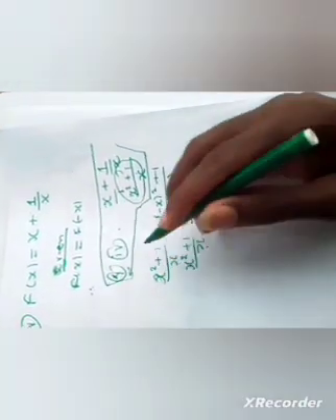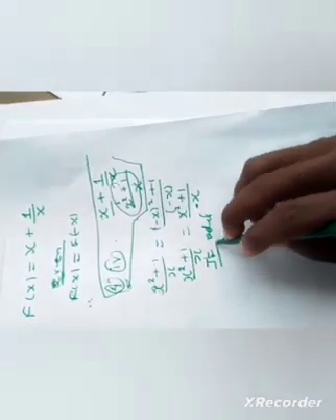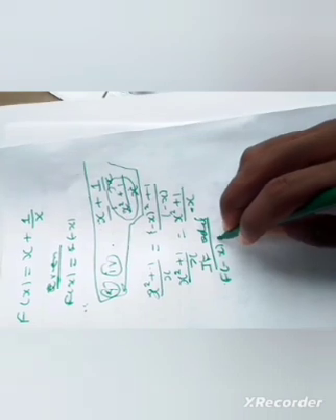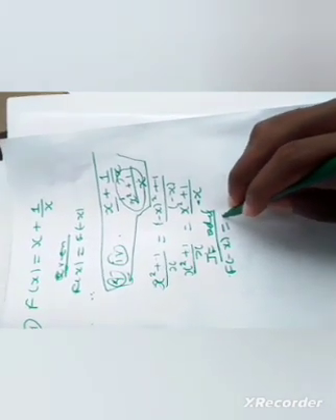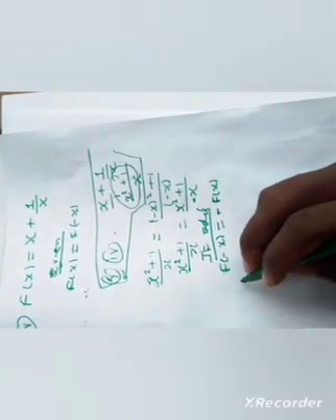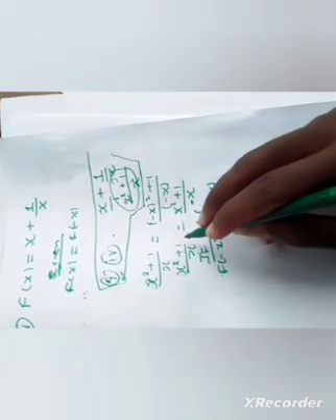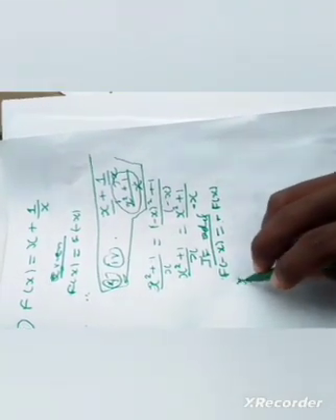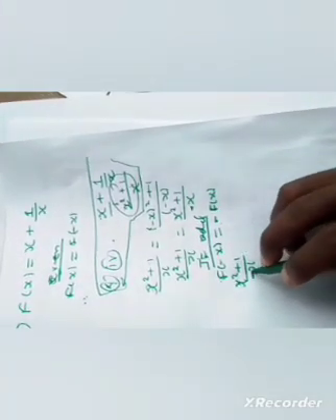So let's try to see if it is odd. If it is odd, it means that what I'll get when I put negative x where this x is should be equal to what I'll get when I multiply the original function by a negative throughout. When I substituted x with negative x, I got x power 2 plus 1 over negative x.